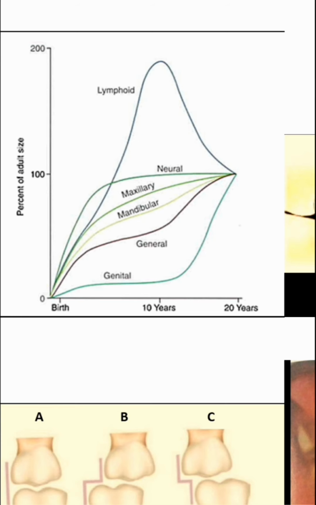This is an adaptation to protect children from infection, as they are more prone to it. By 18 years of age, it reaches adult size. Neural tissue grows rapidly and reaches adult size by 6 to 7 years of age. Very little neural tissue growth occurs after 6 to 7 years.